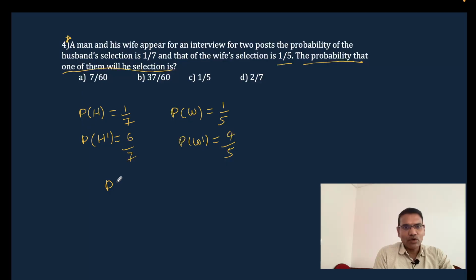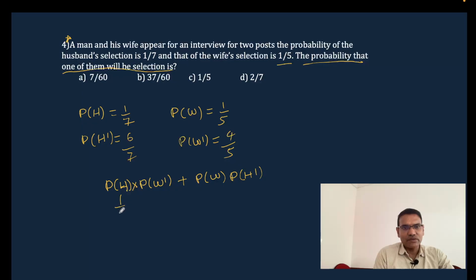So while the husband is selected for the post, the wife is not selected, that means P of W dash. While the wife is selected for the post, the husband is not selected, that means P of H dash, similar to the previous question.